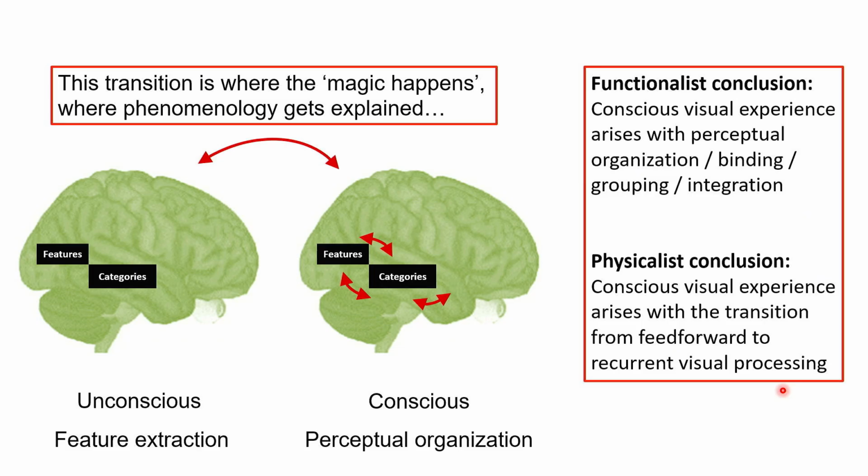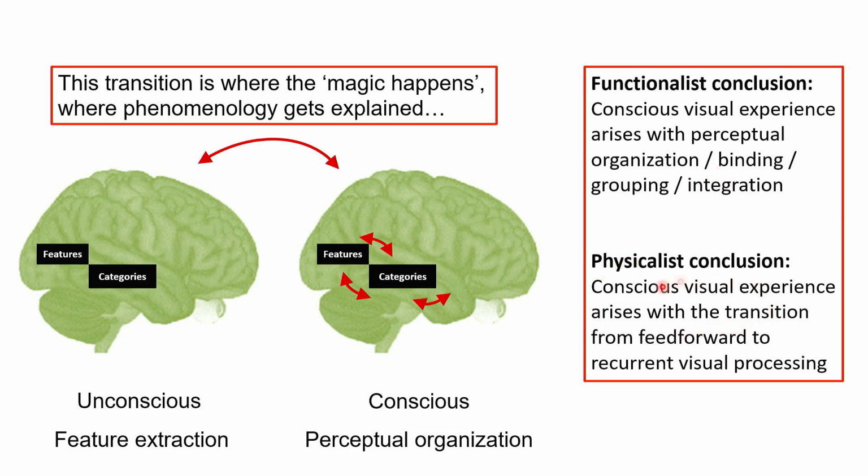So from, you could say, a functionalist perspective, conscious visual experience arises with perceptual organization, with the binding, with the grouping, with the integration. And that's a different way of looking at this. So regardless of how it's implemented in the brain, you could say conscious visual experience is perceptual organization.